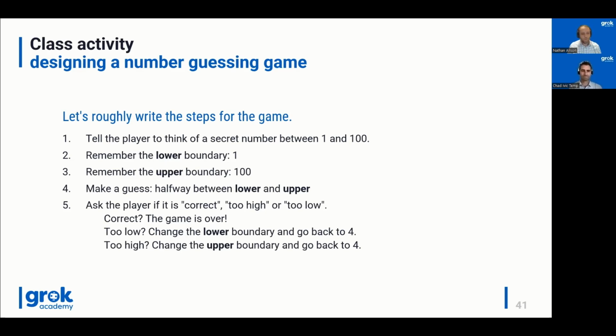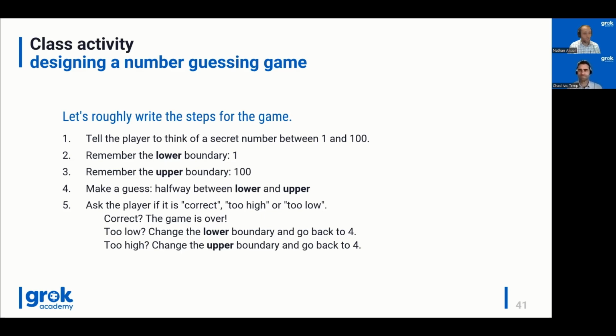Now, what does it mean if the player says that's too low? So initially, Chad said 52, and I said too low. So what did Chad guess next? I think he guessed something like 70, 76 or something like that. Yeah, I think I went up to 80. So what Chad did was he adjusted.